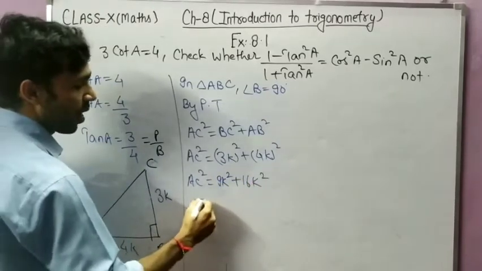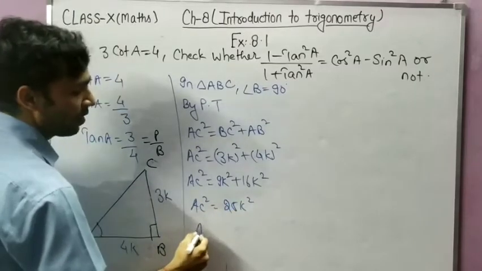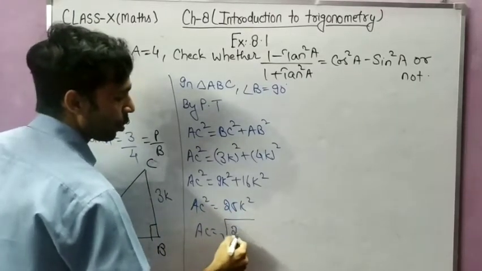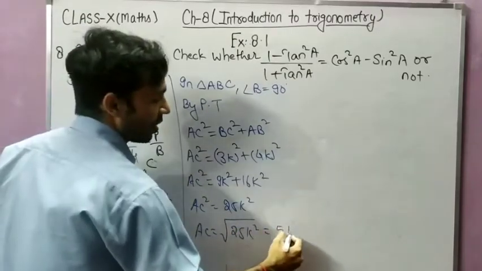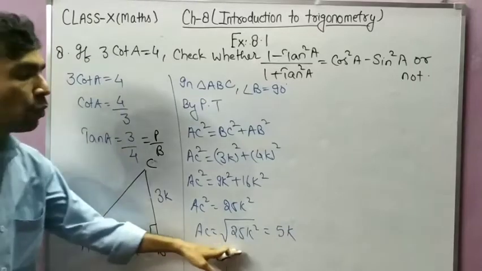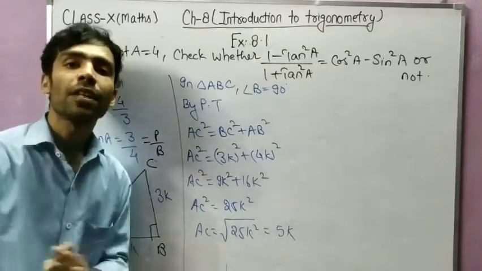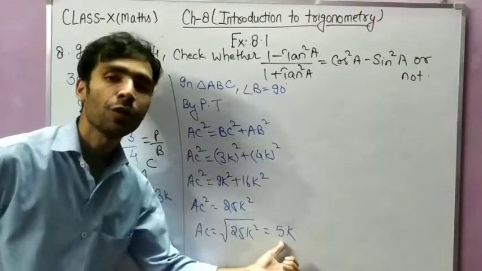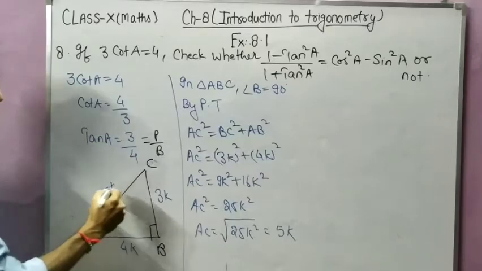So AC square equal to 25k square. So AC will be equal to under root 25k square. So AC will come 5k. Why have we taken only the positive sign? Because AC is the side of a triangle and the side of a triangle cannot be negative. That's why we have taken only the positive sign. So here we have solved AC equal to 5k.